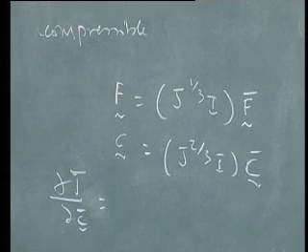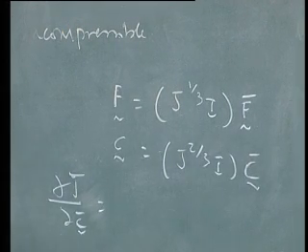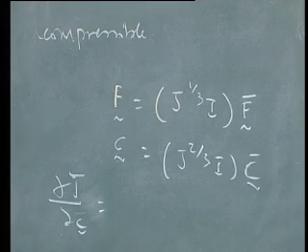Dou J by dou C is equal to, we know, J by 2 C inverse.